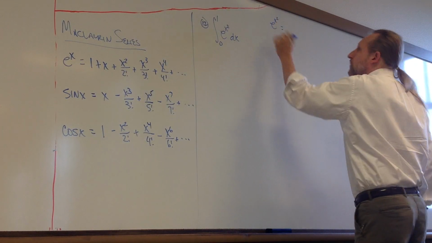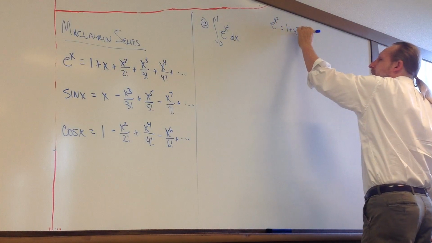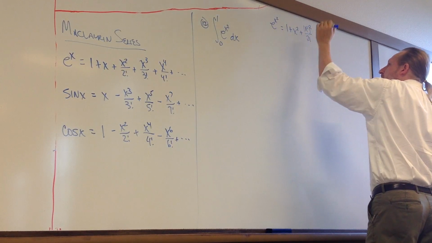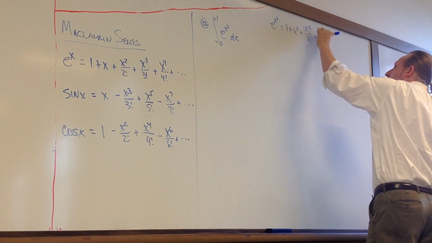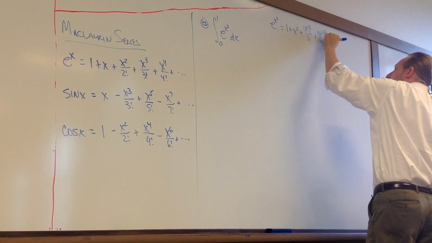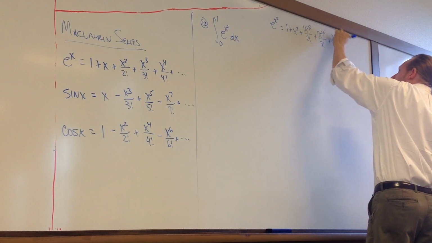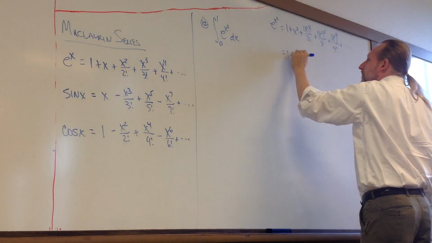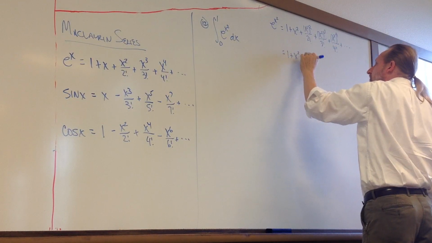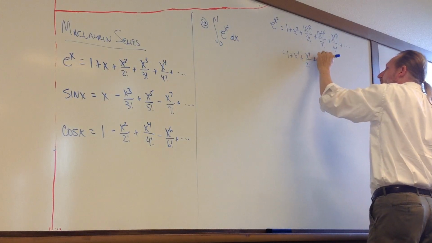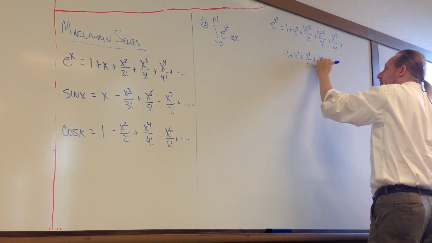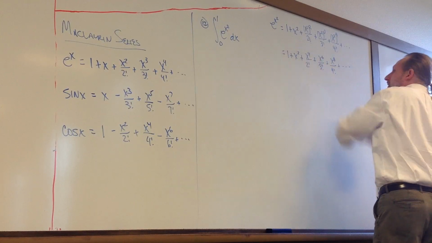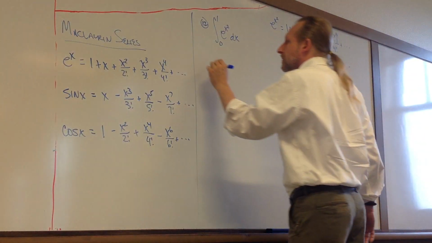So e to the x squared is going to be 1 plus x squared plus x squared squared over 2 factorial, x squared cubed over 3 factorial, and so on. And so this will be 1 plus x squared, x to the 4th over 2 factorial, x to the 6th over 3 factorial, and so on. So this is what we want to integrate.